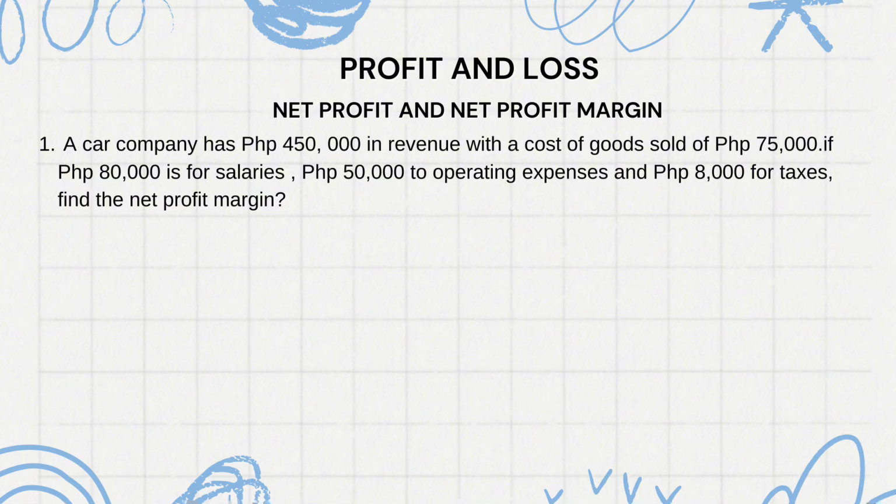Now, next proceed to the profit margin. A car company has 450,000 in revenue with a cost of goods sold at 75,000, 80,000 for salaries, 50,000 for operating expenses, and 8,000 for taxes. Find the profit margin.